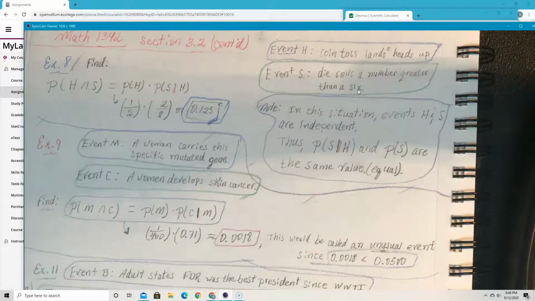That's 2 chances that it could be greater than a 6, 2 chances out of 8 total possibilities. So there's a 2 out of 8 chance that event S will happen, knowing that event H occurred.